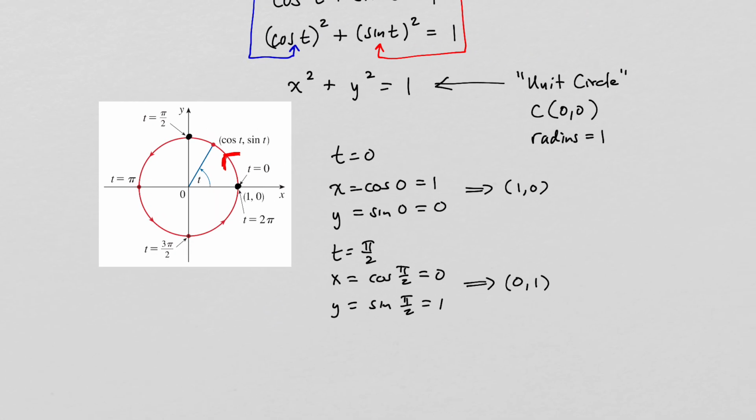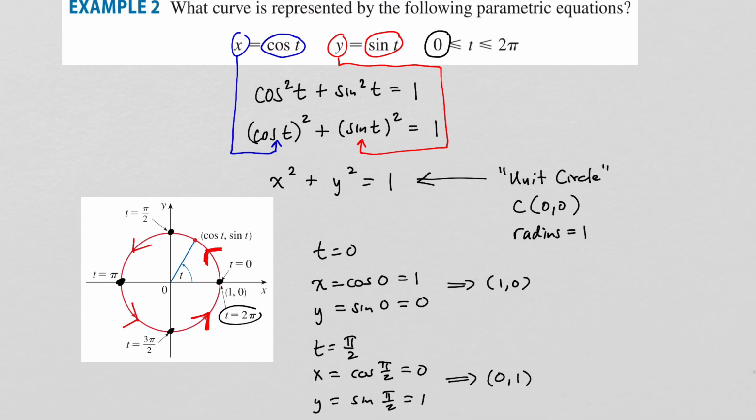Well, if you continue by plugging in t equals pi, you will get the point here. So we continue with that same orientation. t equals 3 pi over 2 gives us this point here, which means we are continuing with that orientation. And finally, when t equals 2 pi, we are back here where we started, and that is the end of our curve because t only varies between 0 and 2 pi.